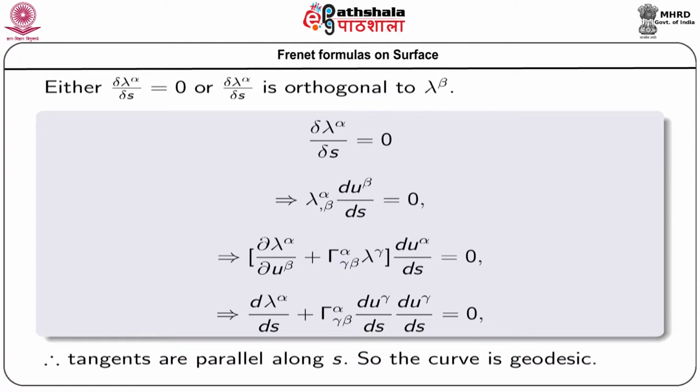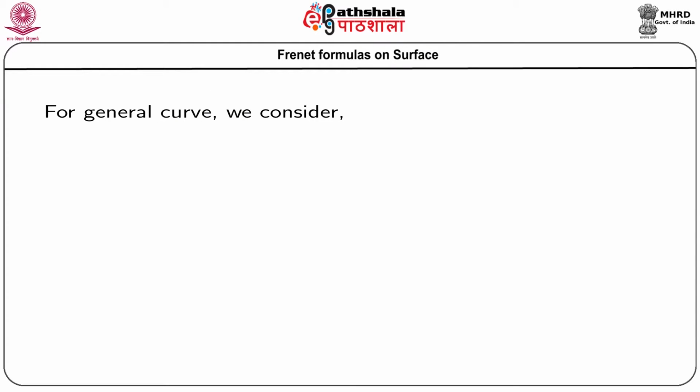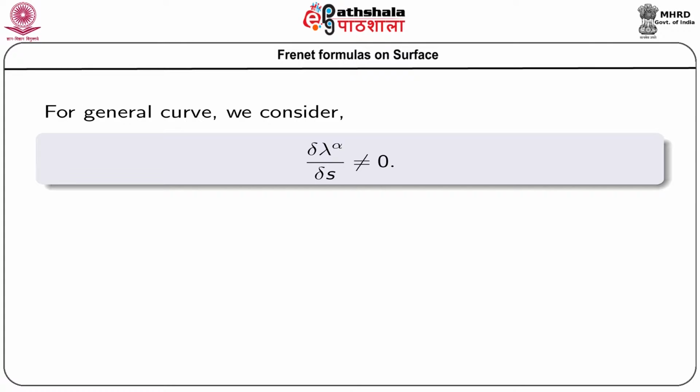So, we consider the second option, that del lambda alpha del s is orthogonal to lambda beta. That means, for a general curve we consider del lambda alpha del s not equal to 0, and so we are considering that del lambda alpha del s is orthogonal to lambda beta.